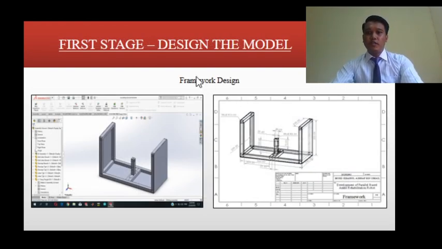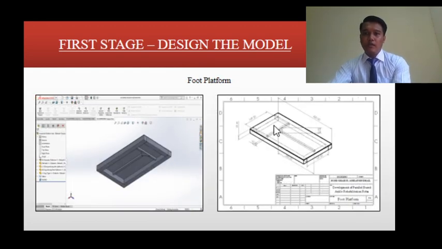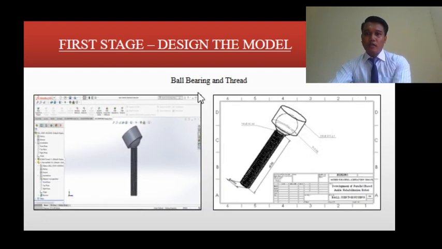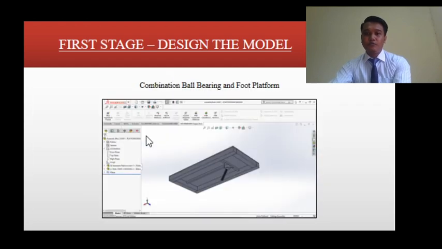For the first stage, design the model. I designed the framework, with the center here. Then the foot platform, and this ball bearing and the thread. This is a thread, and this is the housing with the ball bearing. Then I'll show you.